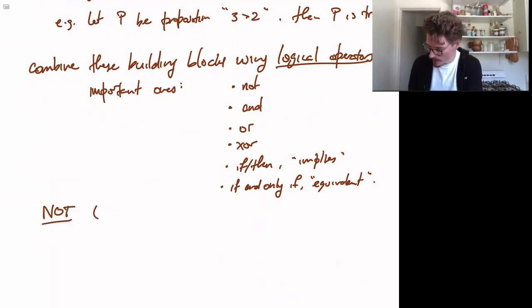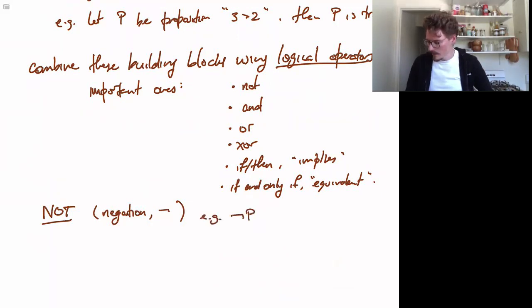So let me say also this is also called negation and is sometimes denoted by this symbol. But in general, the textbook uses these symbols and they're maybe good to be familiar with. So that's how you write not P.